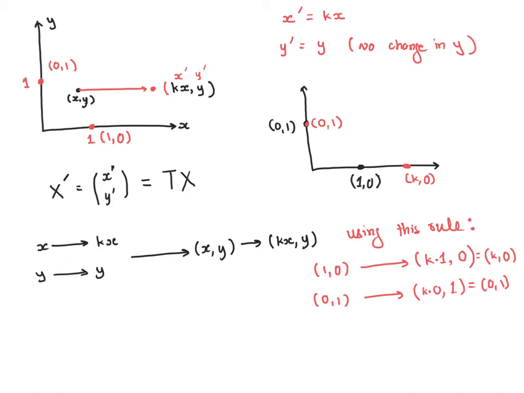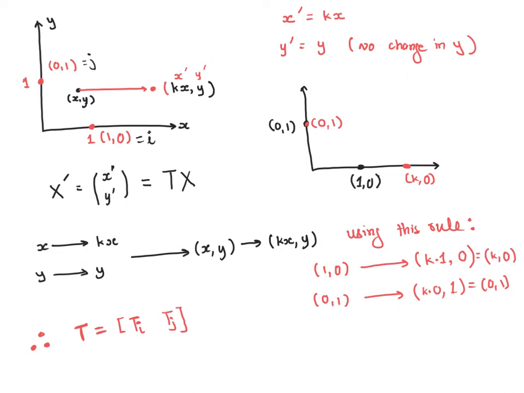Now, what do I use this for? Well, if we want to find the transformation matrix, T would be equal to, I'm going to label it in the following way, T of I and T of J. By the way, I is this and J is this in vector form.